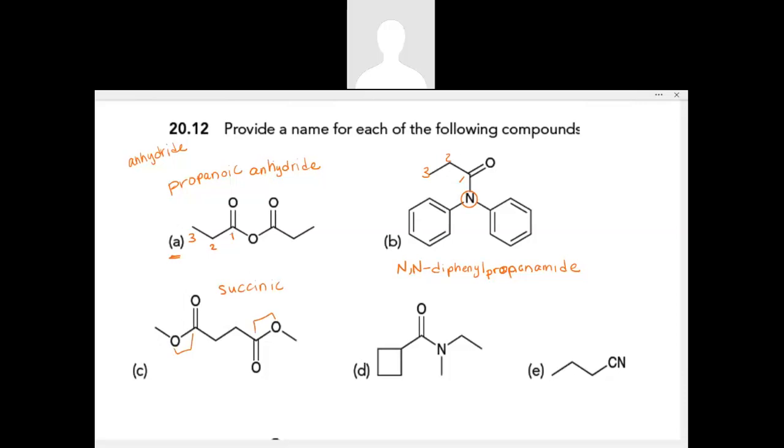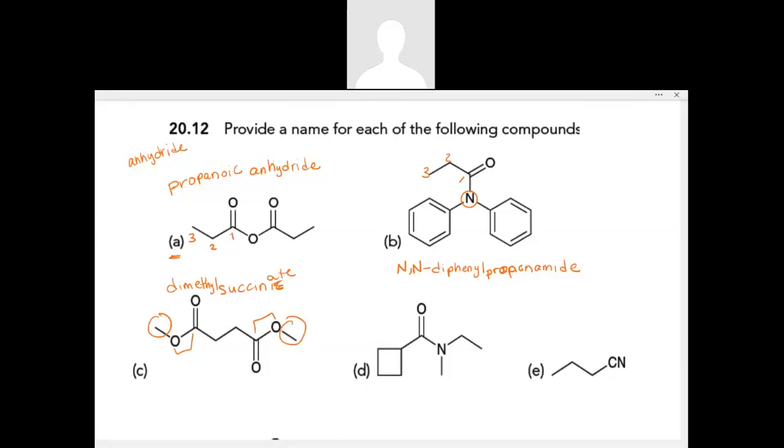We're going to replace the ic with ate. So instead of succinic, we're going to get succinate. And from here, we can then name these 2 substituents. So we can have dimethyl succinate as a common nomenclature for this.